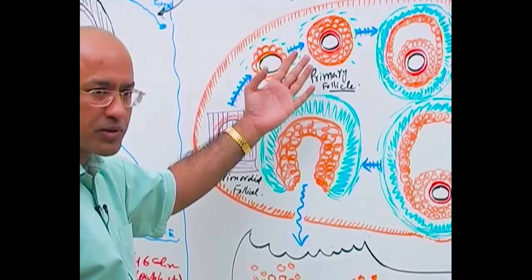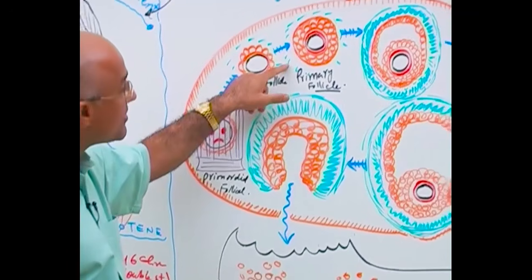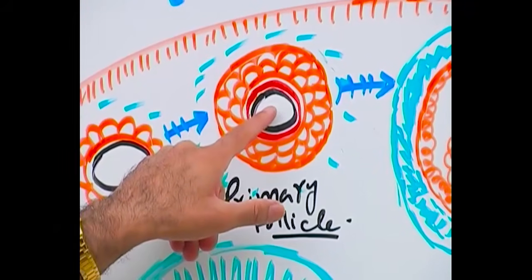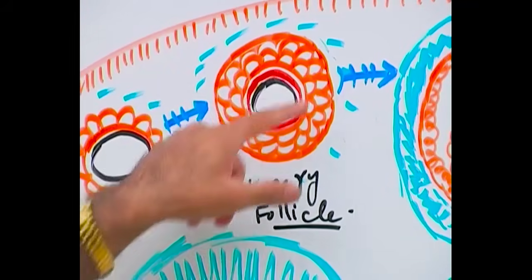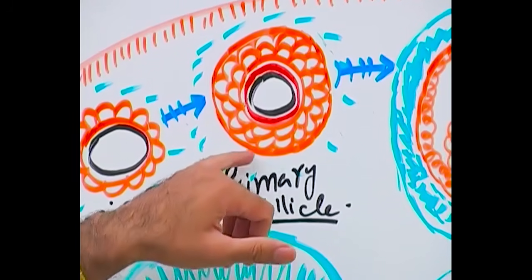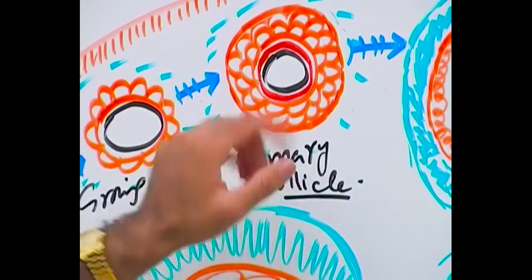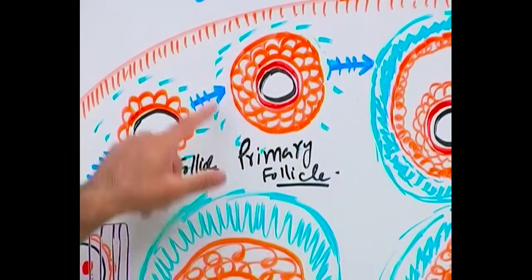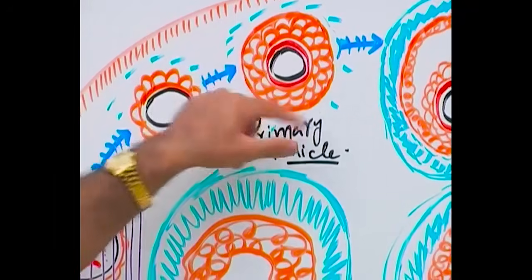What are the features of a primary follicle? Even though primary follicles still have a primary oocyte in the diplotene stage, it is surrounded by multiple layers of follicular cells. And around these follicular cells, some connective tissue cells also start differentiating from the ovarian stroma.